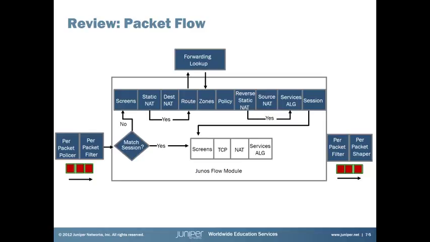It's the address after NATing. We haven't talked about destination NATing yet, we will get into that. And then we have source NATing occurring later on. So we have first static and then source.